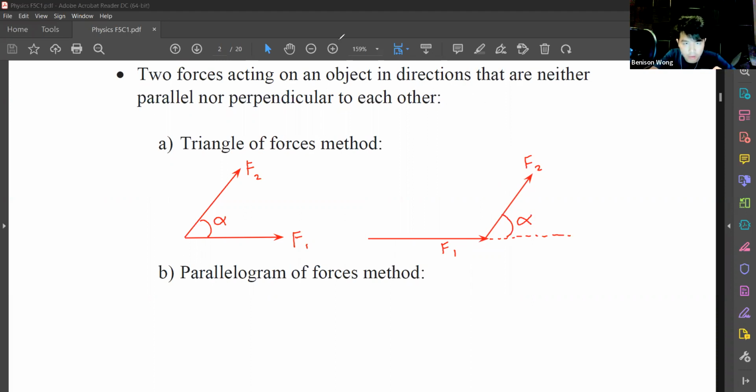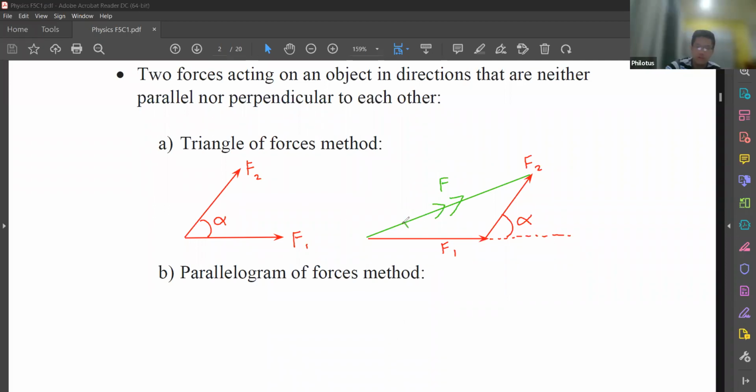Okay, and then right now you want to make a triangle. So what you're going to do is draw the resultant force by connecting these two forces and form a triangle. So this is your resultant force. This will be your resultant force.